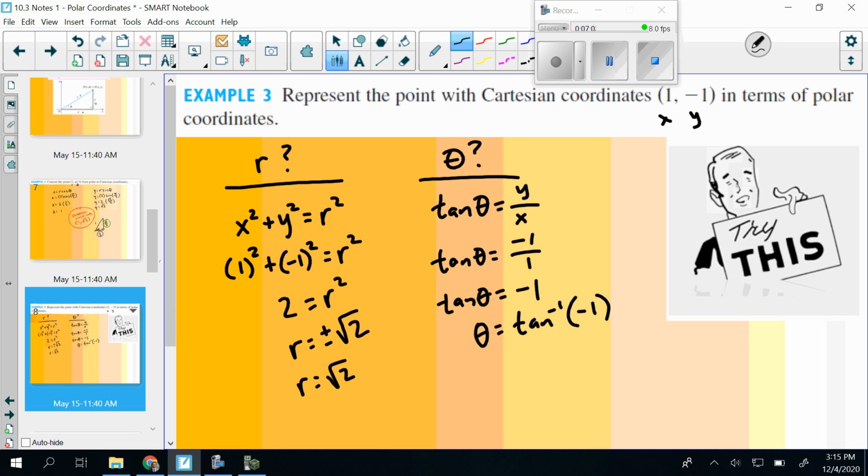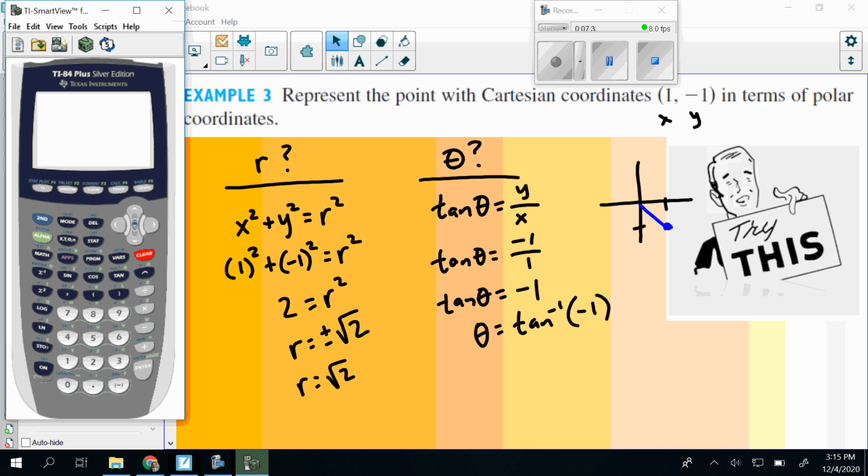So what's the inverse tangent of -1? Now, if you got a calculator, you could definitely do that in your calculator. If this was not calculator, another way you could do it would be to graph that out and see what angle that would lie in. So (1, -1) would be this point. So if we wanted to end up at that point, we know it looks like we're going to have to travel at a 45-degree angle there. But if we do have a calculator, definitely go in the calculator here.